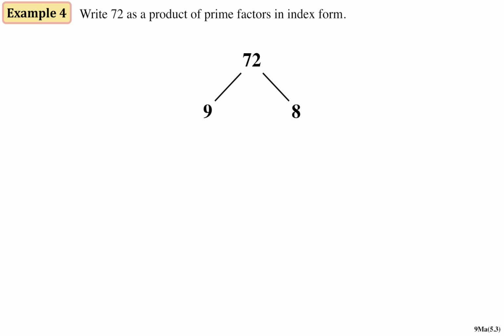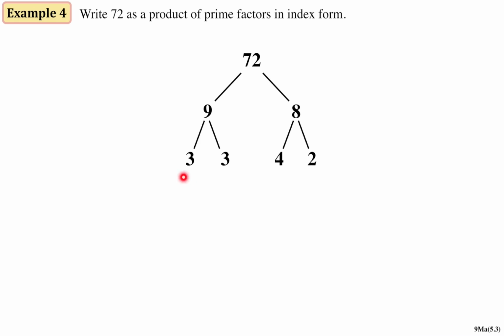Now what I do is I look at each of these two numbers and say, are there numbers that multiply to give 9, and are there numbers that multiply to give 8 other than 1 and the number itself? That's not prime. So 9 can be written as 3 times 3. What about 8? 8 can be written as 4 times 2.